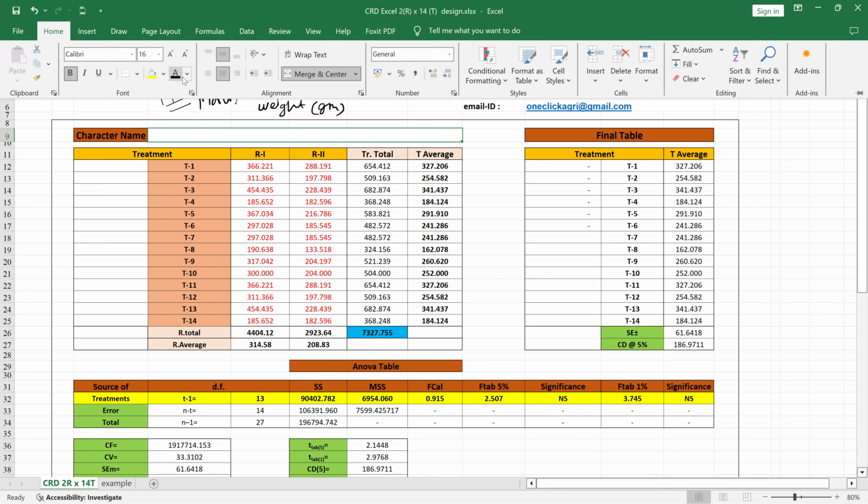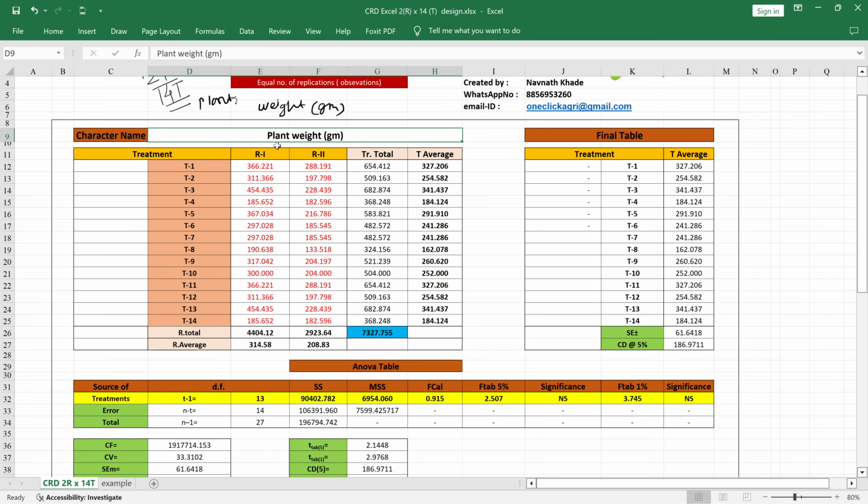Just change the color. So you'll get here the plant weight in gram.